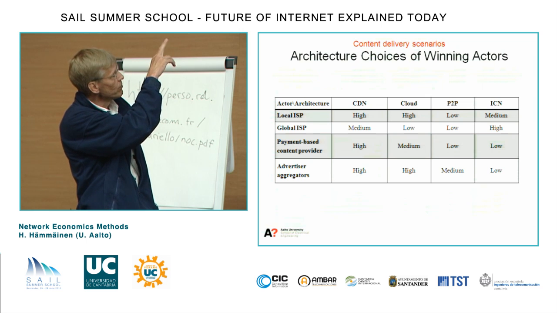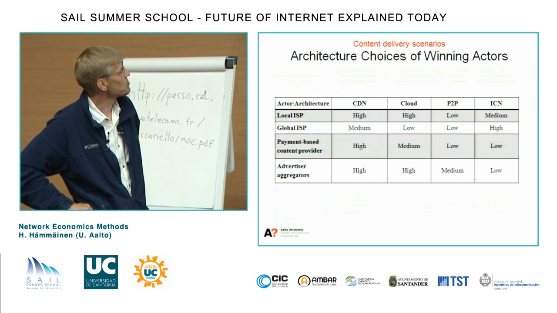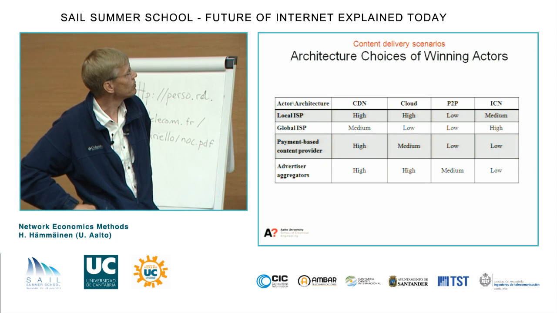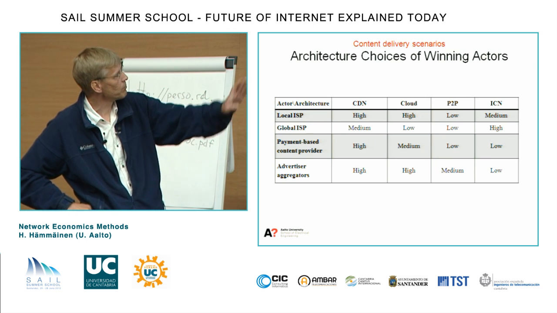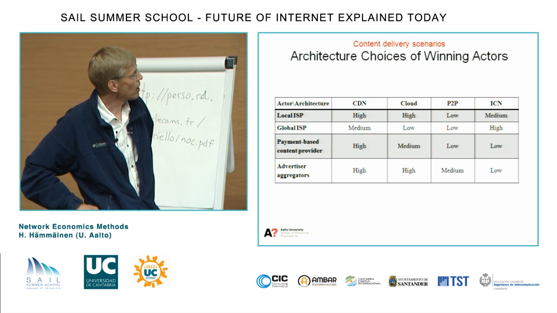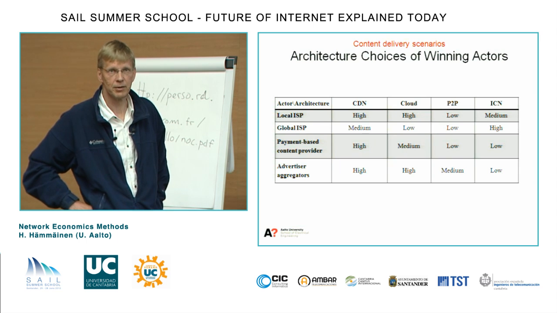We could actually have two columns here to also show the scenarios, but in this picture there's more space for other information. And then you have the different architectures, and according to this kind of analysis, you can see that the big ISPs are most likely to go for information-centric networking.